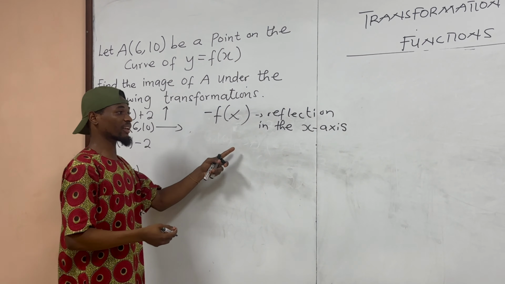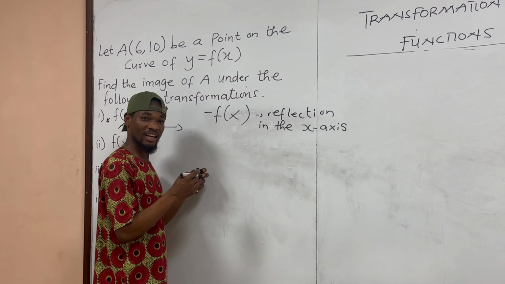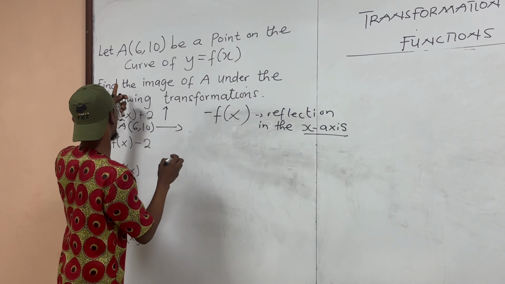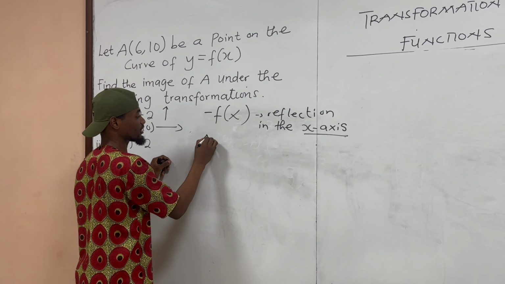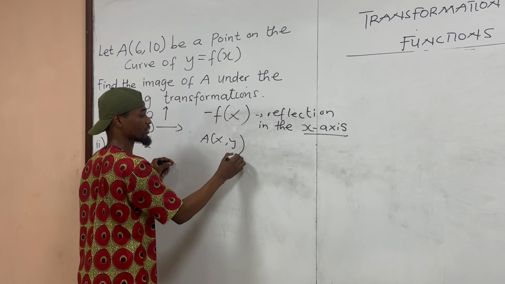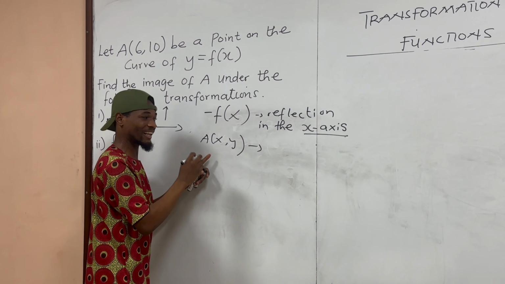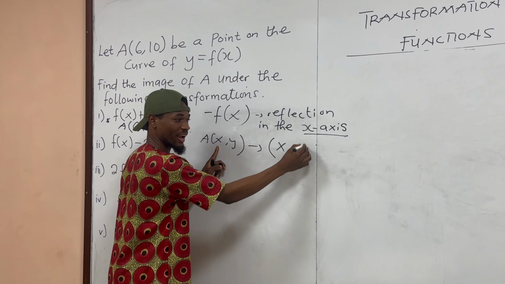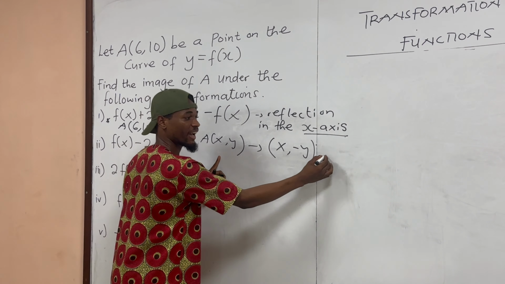So reflection in the x-axis, what are we supposed to do? We are given this point. So let's say you have a point x, y. For reflection in the x-axis, you maintain the x, then you negate the y. Okay, this is in the x-axis.